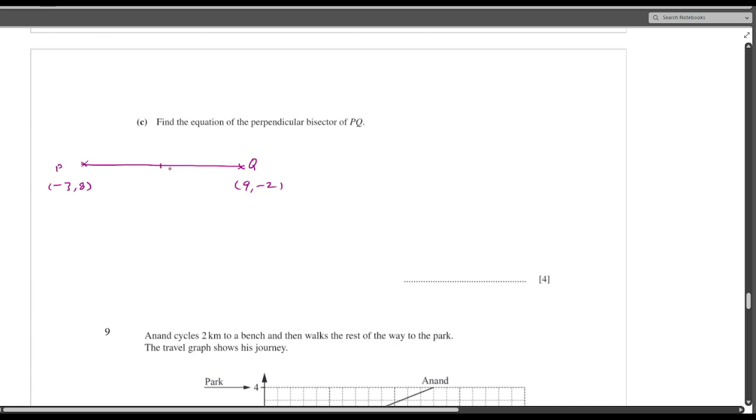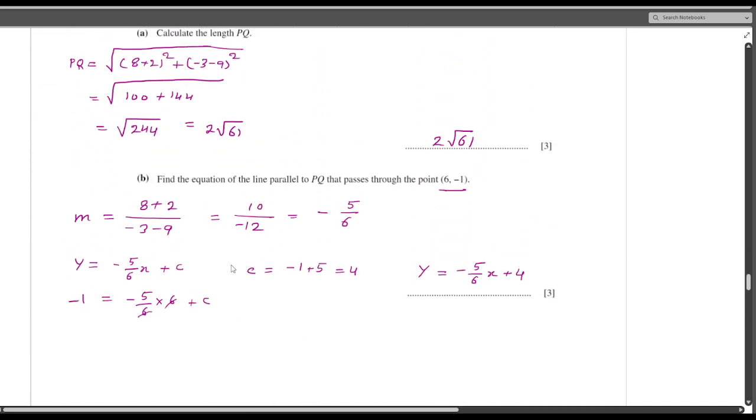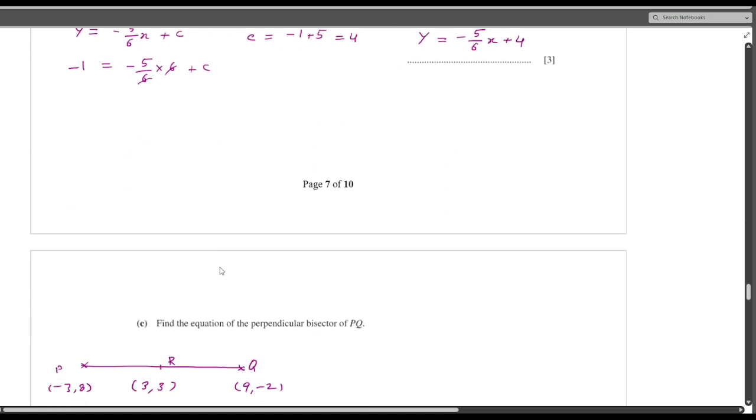If I take the midpoint as R, then R will have coordinates minus 3 plus 9, which is 6, 6 divided by 2, which is 3, and 8 minus 2, which is 6, 6 divided by 2 is 3, so 3 comma 3. Gradient of PQ we already know. Gradient of PQ is minus 5 divided by 6.